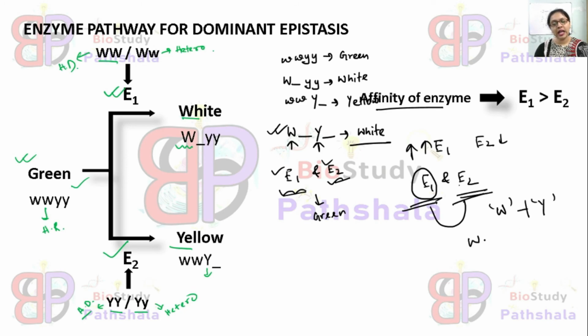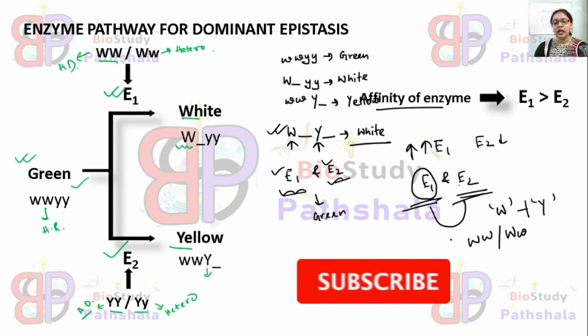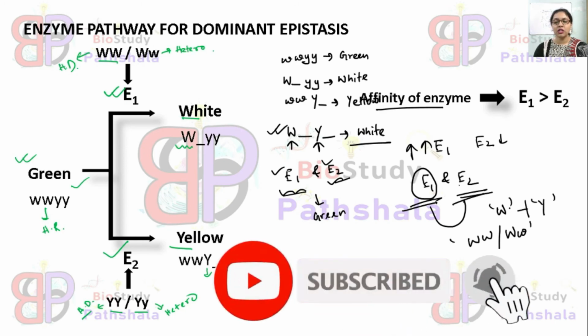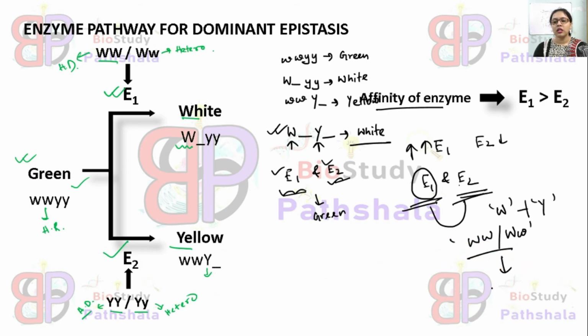That means if either capital W capital W or capital W small w genotype is present, the expression of capital Y capital Y or capital Y small y will not be observed, because these genotypes can mask the effect of the expression. So that is how the enzymatic pathway for dominant epistasis actually takes place.